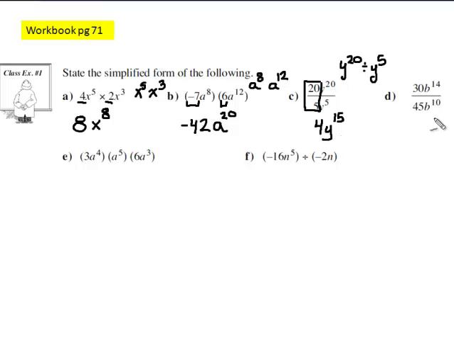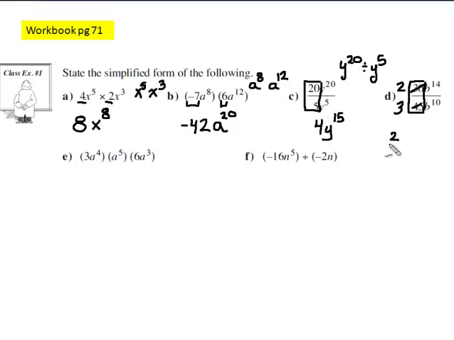Part D is a little bit tougher because even though it's a division question like Part C, 30 divided by 45 doesn't work out to an even number. So instead, 30 over 45 is a fraction I have to reduce. I can see that they both can be divided by 15, which would leave 2 here and 3 here.